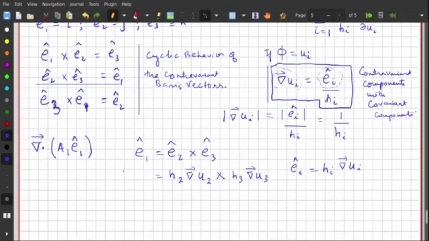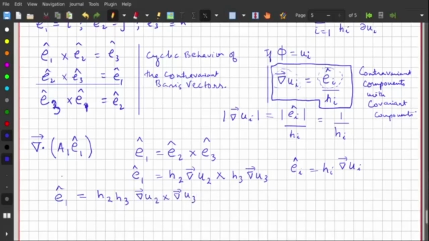So this is e1 hat, therefore the e1 vector becomes h2 h3, these are the scale factors, multiplied by grad of u2 cross product grad of u3. So that's what e1 is.